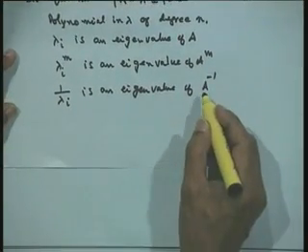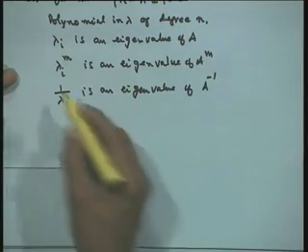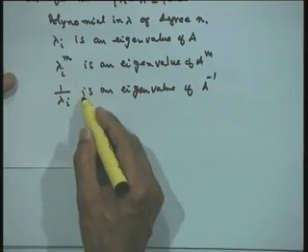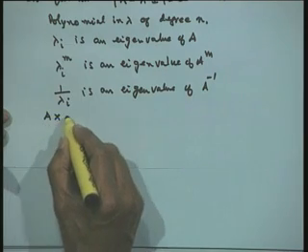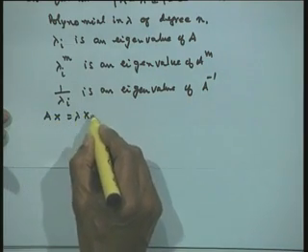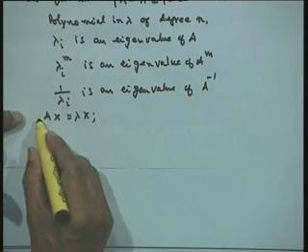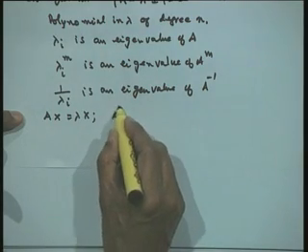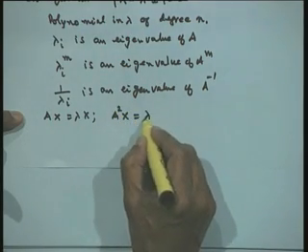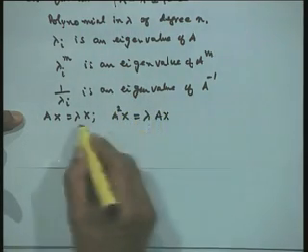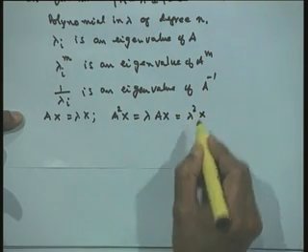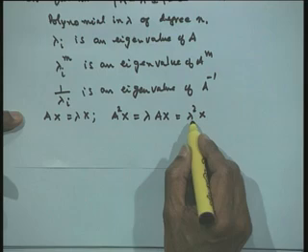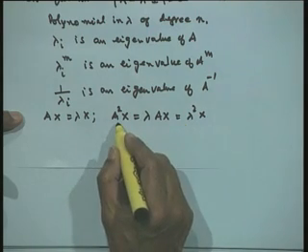Now what is also important to know is the property of the eigenvector. Let us look at these last two properties and see what the eigenvector will be. If I start with Ax is equal to lambda x and pre-multiply by A, this will be A squared x is equal to lambda into Ax. Lambda is a number, so I can take it out. So this will be lambda squared x. It is from this that we concluded that lambda squared is an eigenvalue of A squared.